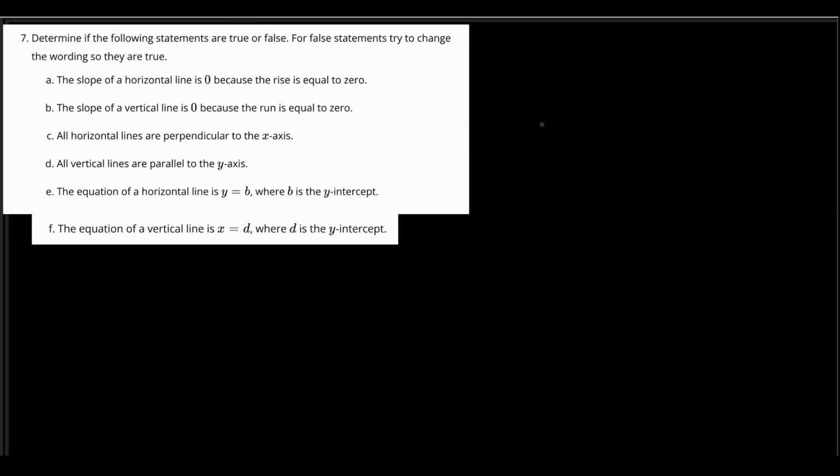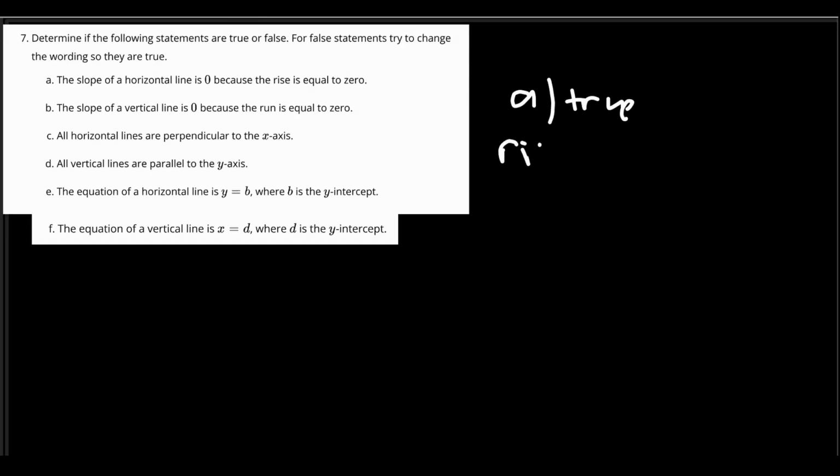So let's begin with A. It says the slope of a horizontal line is 0 because the rise is equal to 0. And that is true, because the slope of a horizontal line is 0, as we know before.